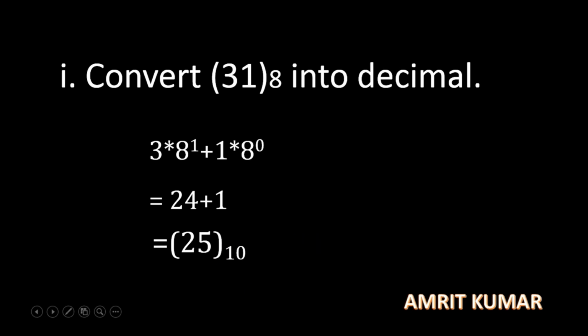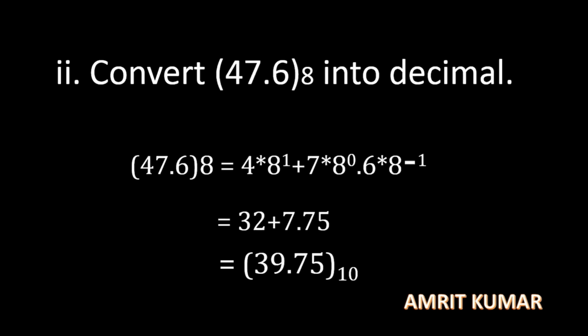Now let's move to another example: how to convert a fractional octal number into a decimal number. Here I have a question, we have to convert this fractional octal number into a decimal number system.